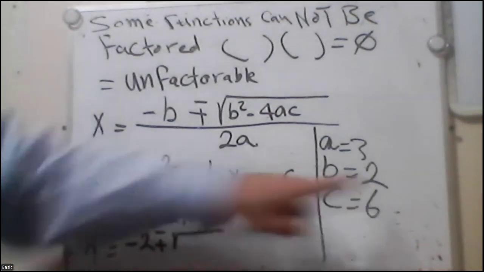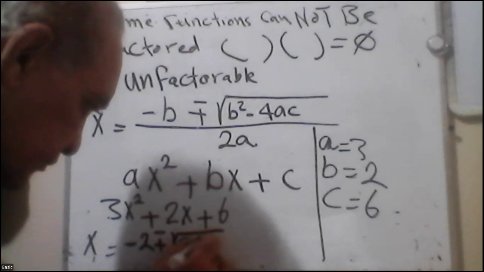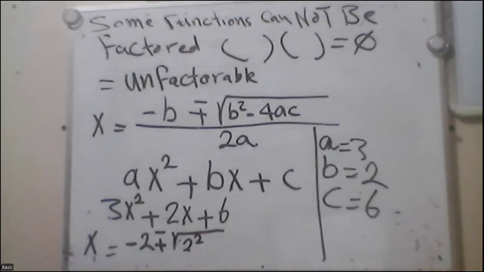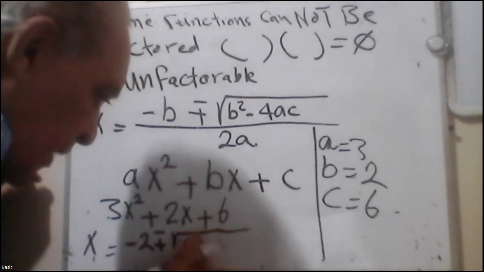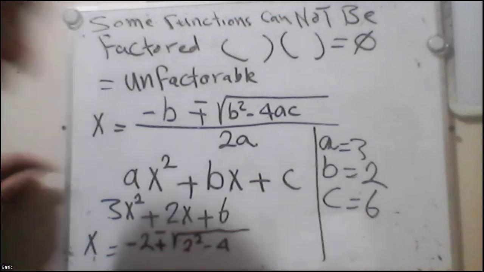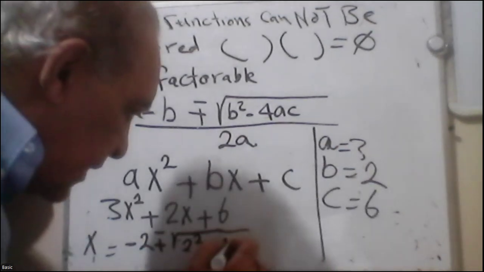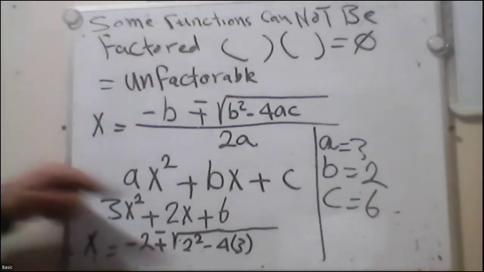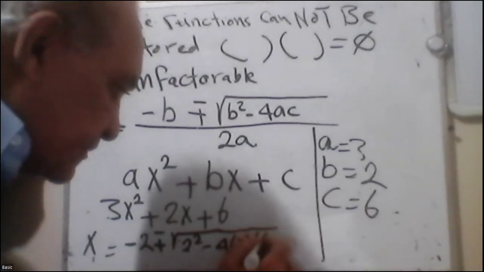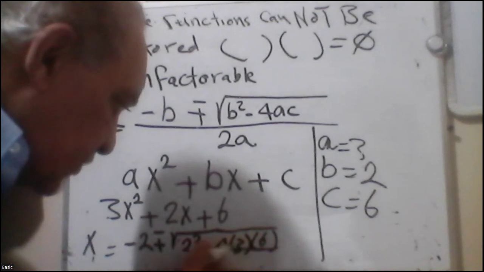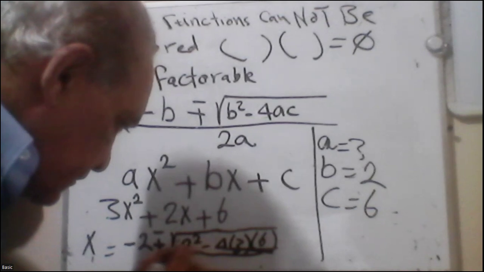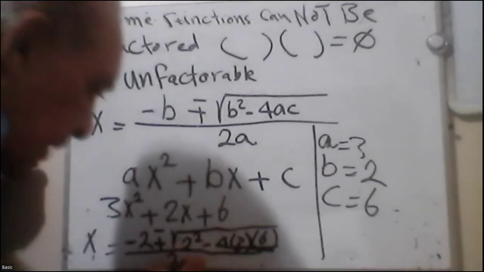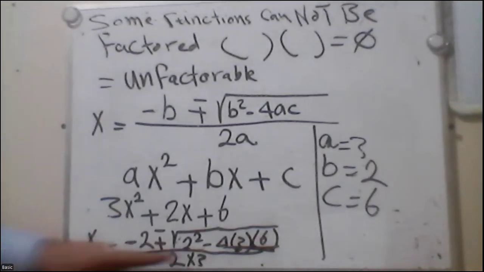Here I have b equal to 2, so 2 squared, minus 4 times a, which equals 3, multiplied by the other number, c, which equals 6, all divided by 2 multiplied by a, so 2 multiplied by 3, because a equals 3.